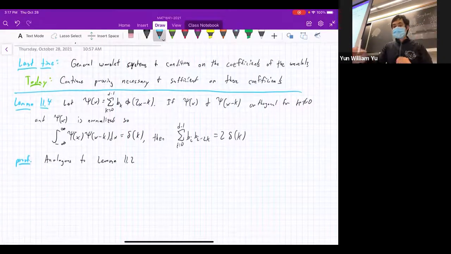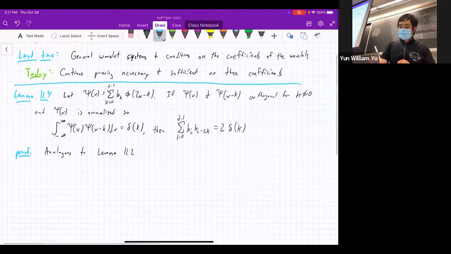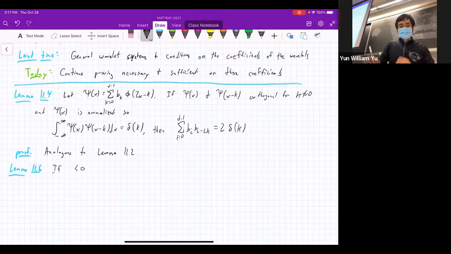Now we're going to spend most of the day on a much more complicated proof. We're going to put a much stronger constraint on the BKs. I'm going to use this notation because we're going to be doing a number of inner products.